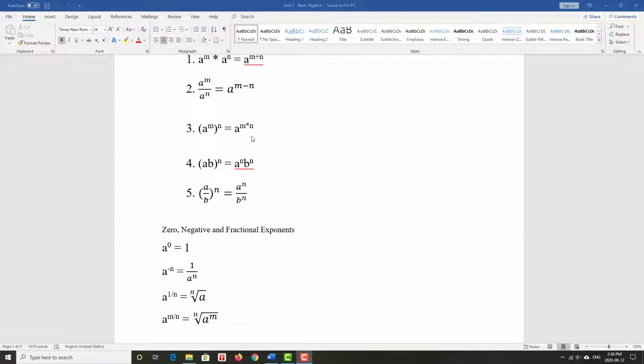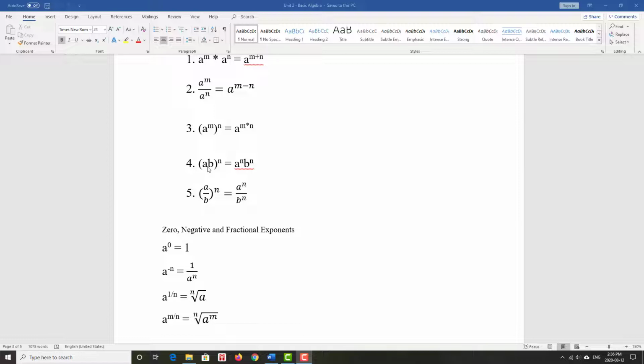And so if we had a to the m, to the 3, that's like a to the m times a to the m times a to the m. Well, I've got 3 m's there, right? What was my n in this case? It was 3, right? So again, 3 times whatever the inside the brackets exponent was. So fairly straightforward if you were to break that down.